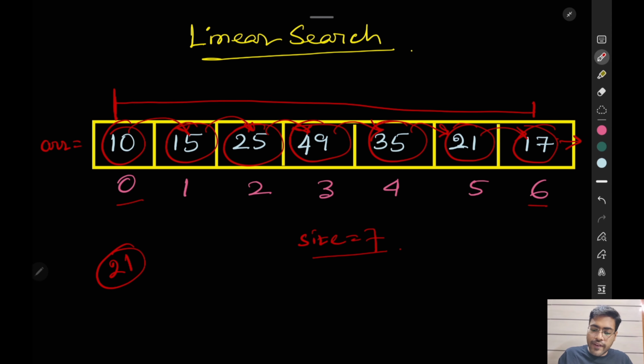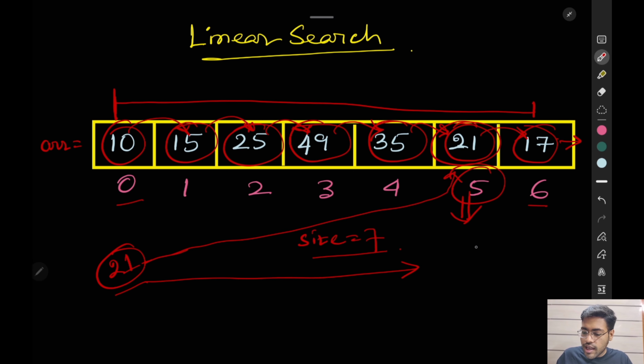So if I find the value at any index, 21 is present at index number 5, at that time I will return the index number. That means for 21, I will return 5.